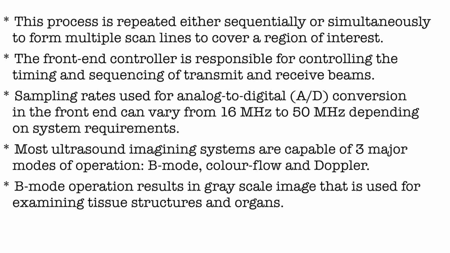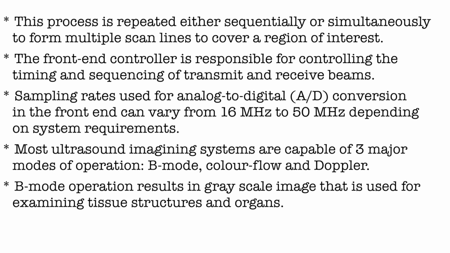The front end controller is responsible for controlling the timing and sequence of transmit and receive beams. Sampling rates used for analog to digital conversion in the front end can vary from 16 MHz to 50 MHz depending on system requirements.